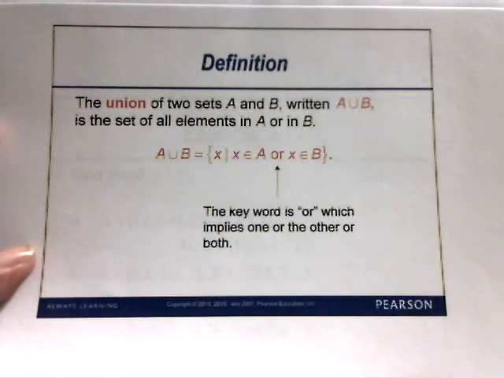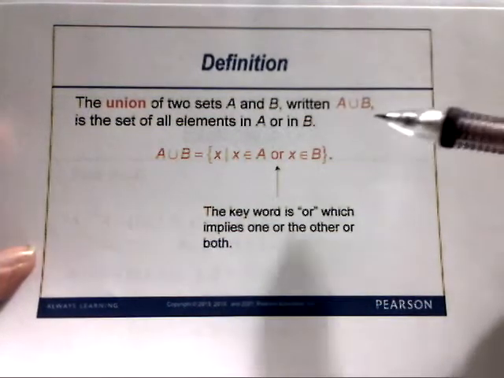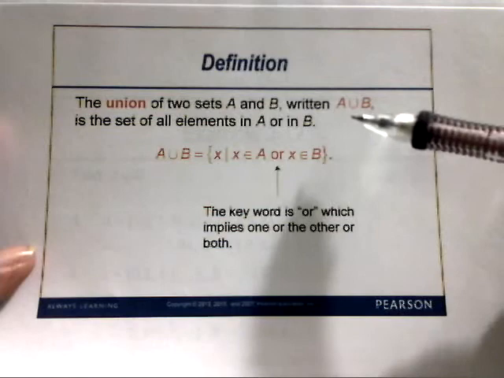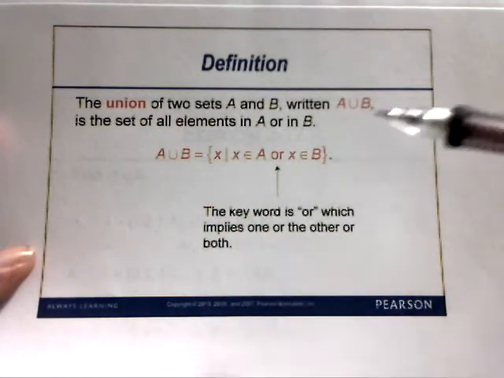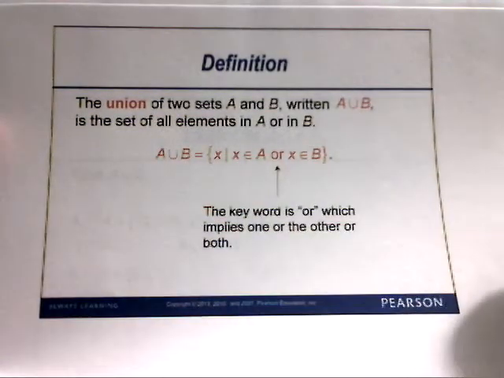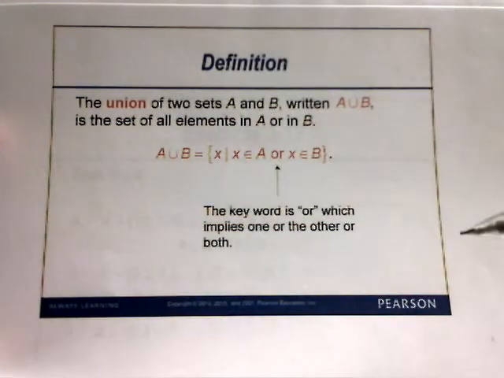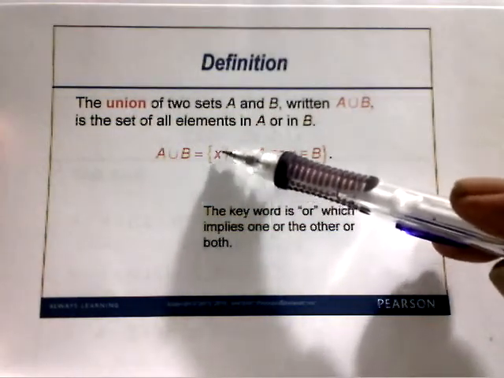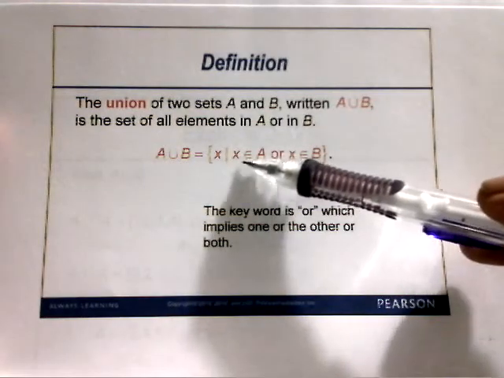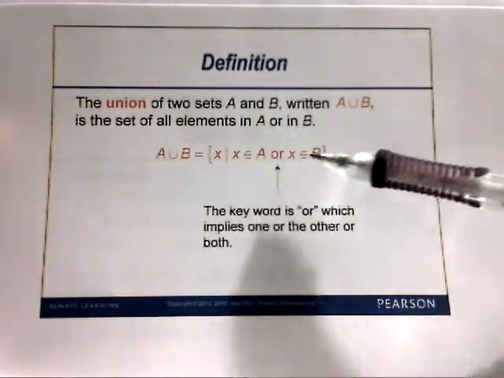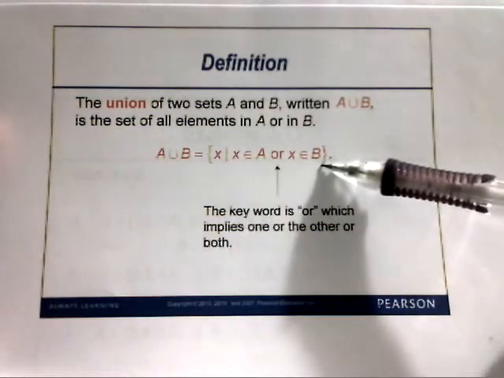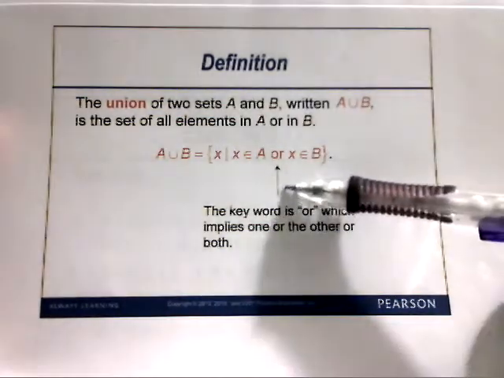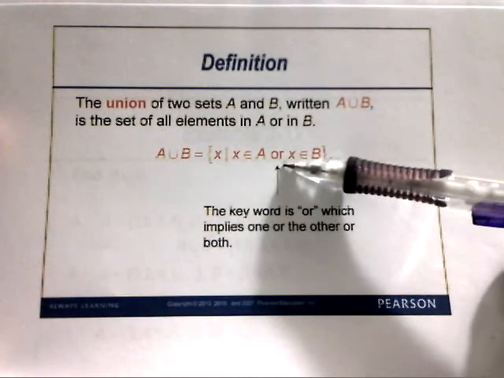The union of two sets A and B, which is written as A, and this is the symbol for the union, which is like a U, A union B, that's the set of all elements in A or in B. In set builder notation, we can write this as the set of all x such that x is an element of A or x is an element of B. That's the union of A and B. Now, here we're using the word or.